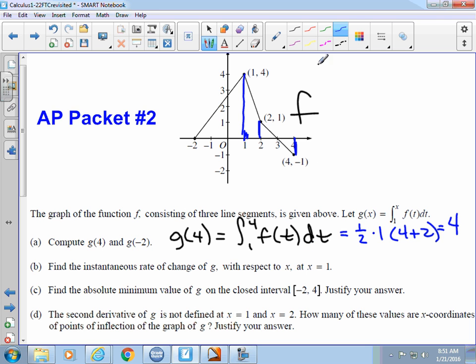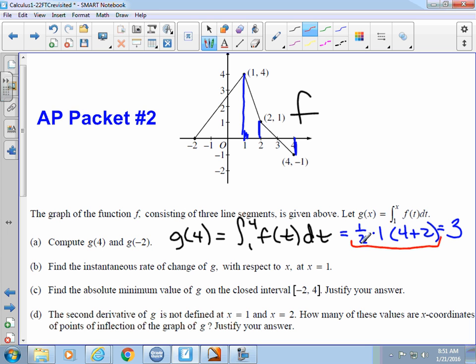Oh, thank you, Grant, which brings me to my next point. I would like to pretend I did that on purpose, but I didn't. This is probably going to be a non-calculator question, and on a real AP exam, if you stop there, you will get full points for that part. If you add 4 and 2 and get 8 and write 4 down, you'll miss the answer point.